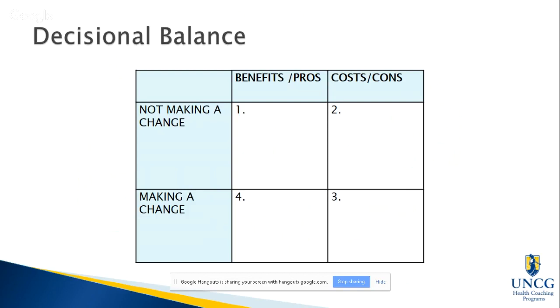So you may say, first, what are some of the benefits of staying the same or not making this change? What are some of those benefits? What would be good about not doing anything? And then you may ask, so what's the downside? What's the downside of not making this change right now?